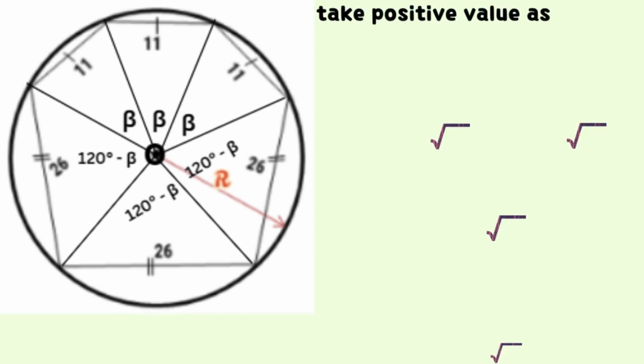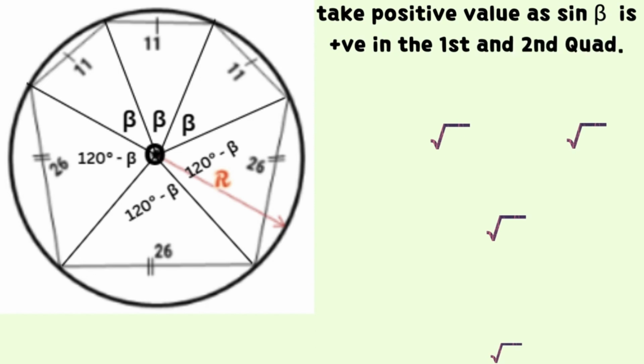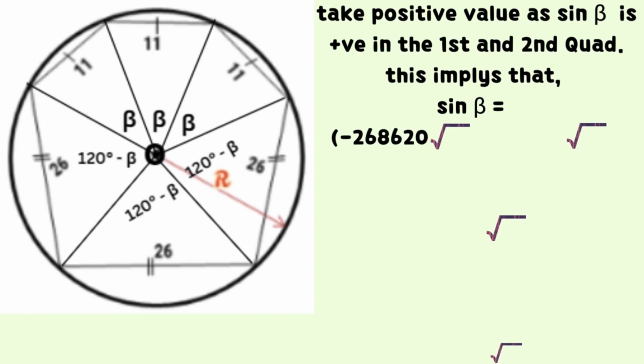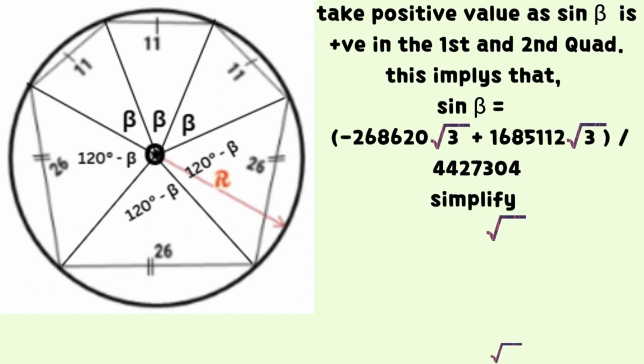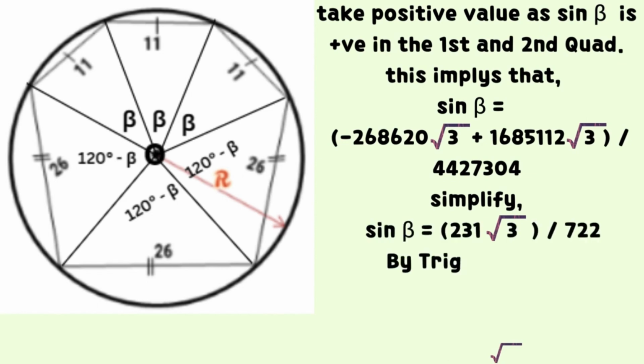Take the positive value of your result because sine beta is positive in the first and second quadrants and we are solving for an angle less than 180 degrees, the sum of angles in a triangle. This implies that, simplifying your result, sine beta equals the product of 231 and the square root of 3 divided by 722.